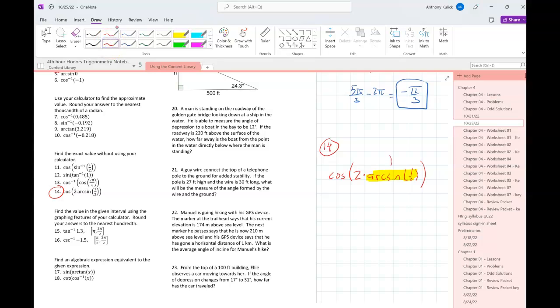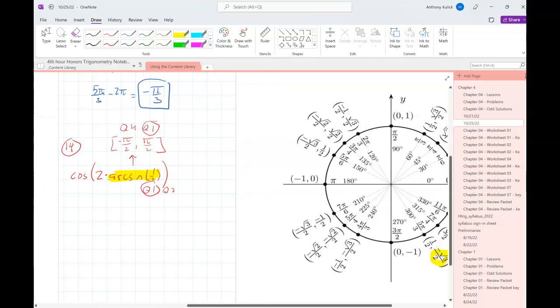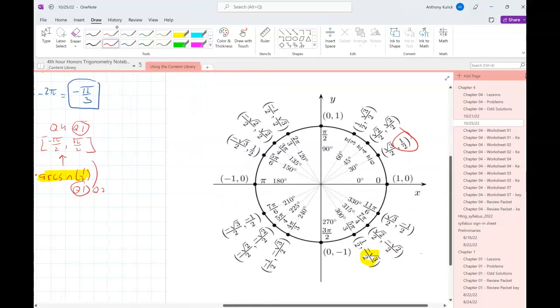I remember the fundamental range for sine is here. This is quadrants 4 and quadrant 1. Sine is positive in quadrants 1 and 2. So what I'm looking for is something in quadrant 1. Cool with that? Sine is the y coordinate. So I'm looking at pi over 6.